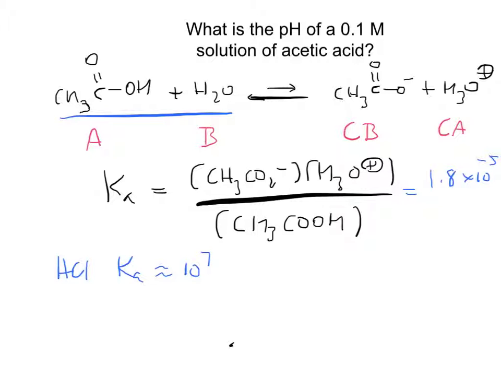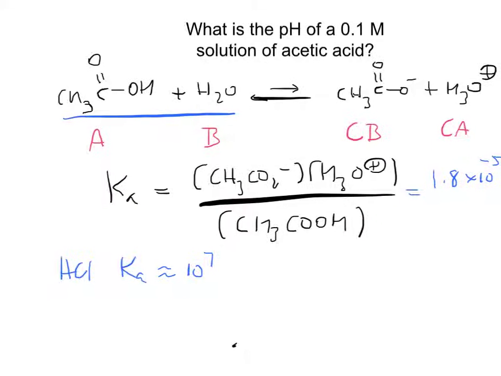For simplicity, I'm going to use some common abbreviations. Acetate ion will be known as OAc minus, and acetic acid will simply be HOAc. So in the next derivations, I'll be using these two related symbols for the acid and the conjugate base form.